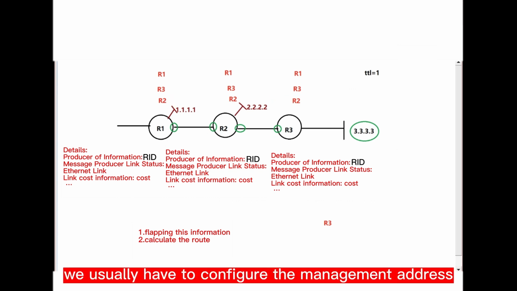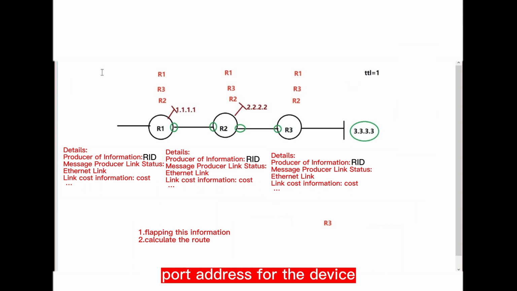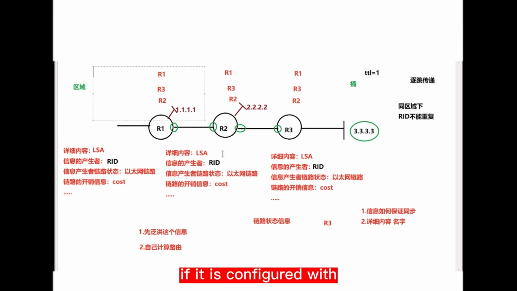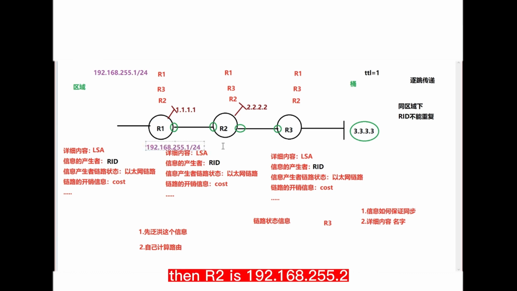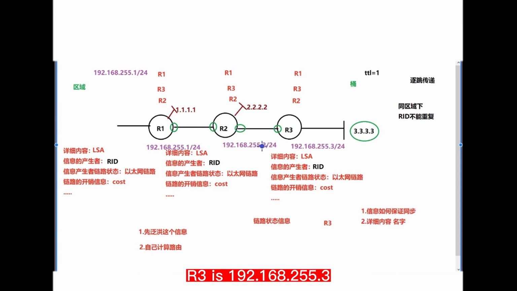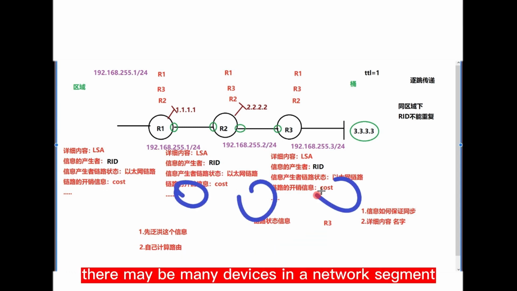We usually have to configure the management address for the device in the project. We have to configure the loopback port address for the device. If it is configured with 192.168.255.1 with a 24-bit mask, then R2 is 192.168.255.2, R3 is 192.168.255.3. There may be many devices in a network segment.